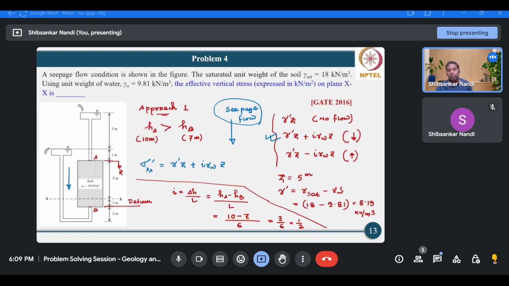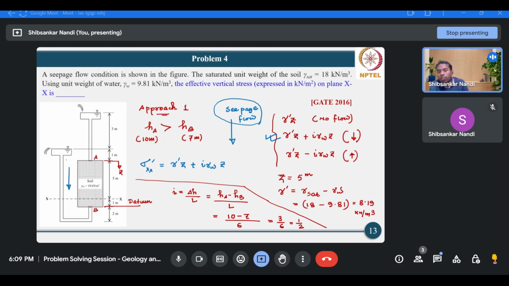Now we'll see the application of approach 2. We can again calculate this effective stress on the plane XX in a different way. For that, we'll first determine the distribution of total head, elevation head, and pressure head throughout the length of the soil sample.